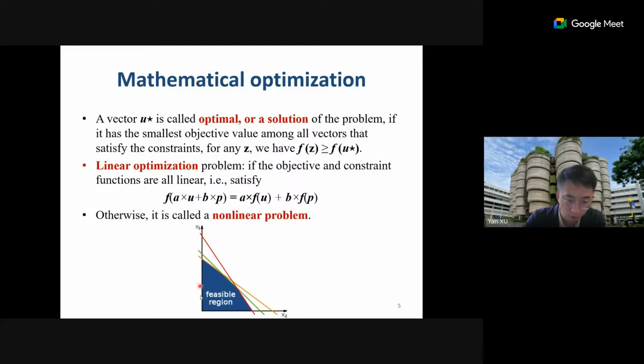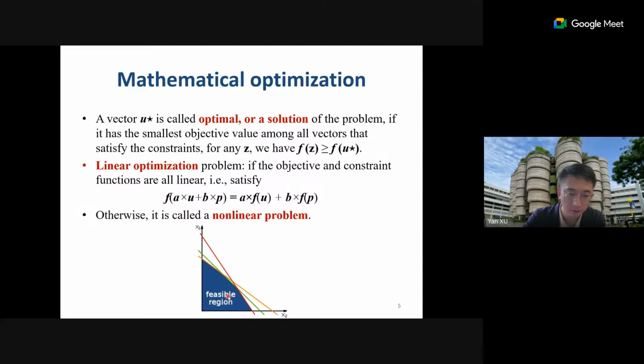One is formulated by the x1 axis, the other is formulated by the x2 axis. Here you can see that x1 has to be larger than 0, and x2 also has to be larger than 0. On top of it, we have these 3 linear constraints, which will form a feasible region.